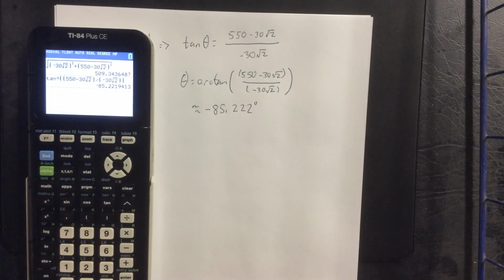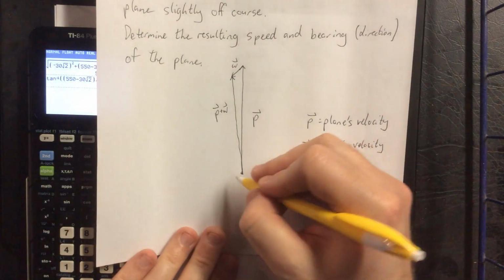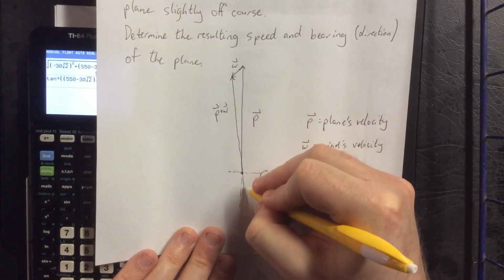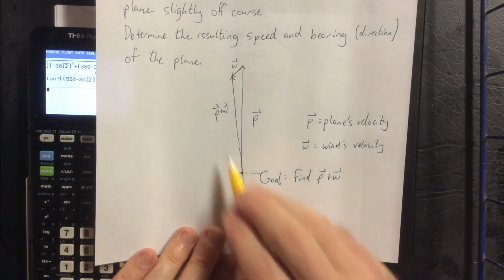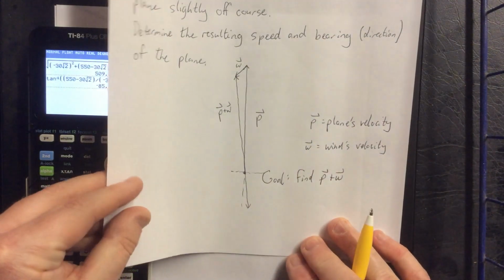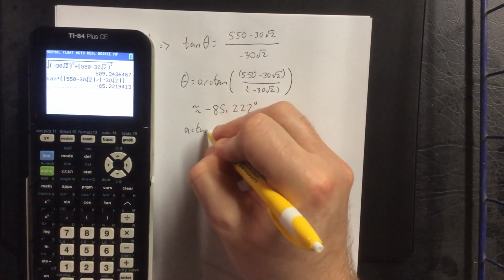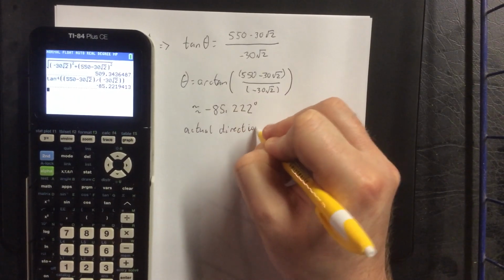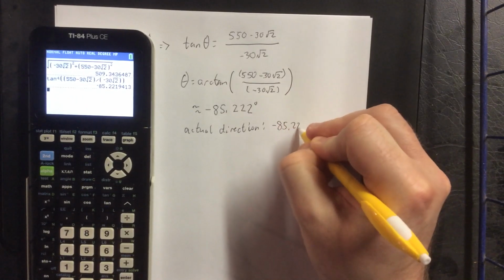Now, putting that in the context of the picture that we had up here just a moment ago, negative 85 degrees, if we were to draw in a horizontal and a vertical, negative 85 degrees is this direction. We want the exact opposite direction. And the way that we can get the exact opposite direction is by adding 180 degrees to it. So the actual direction is going to be negative 85.222 degrees.